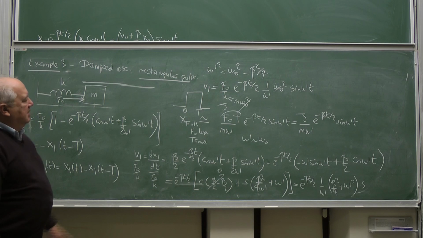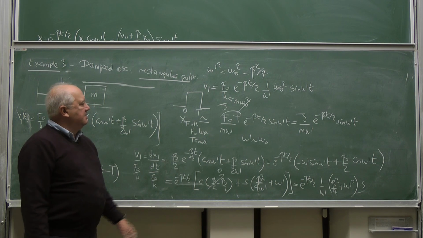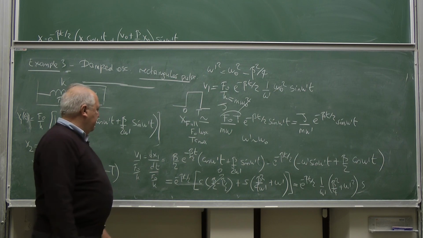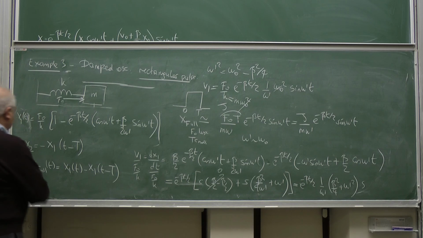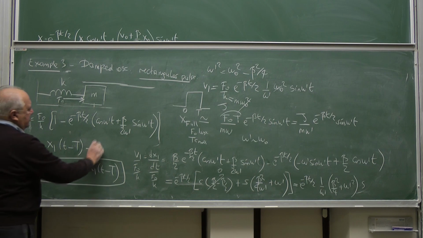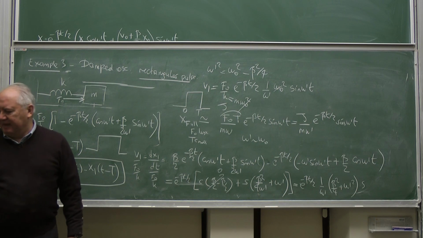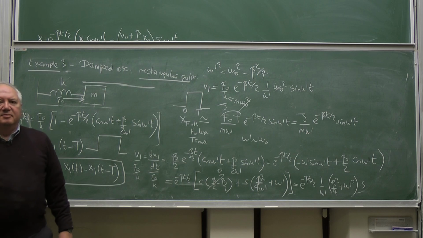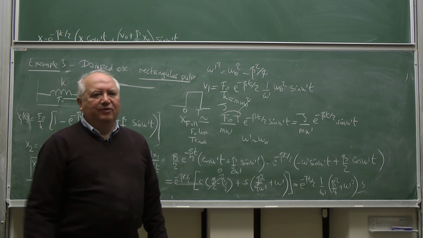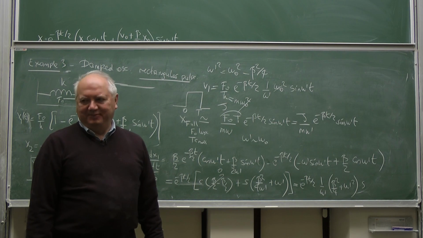So this is the result of the pulse. In the limit, it's an impulsive pulse. But otherwise, this is our general result for an arbitrary rectangular pulse. This is the exact result. Okay, next time, we will force our damped harmonic oscillator. Thank you.